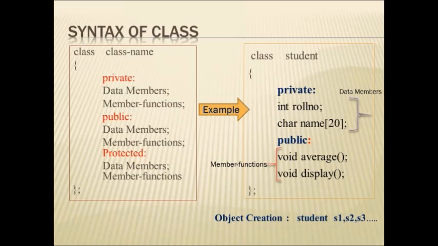The class name is student. The object names are S1, S2, S3, and so on. Once a class student is defined, you can create multiple objects S1, S2, S3 of the student class. And objects are variables of type class. This is the general structure of a class.